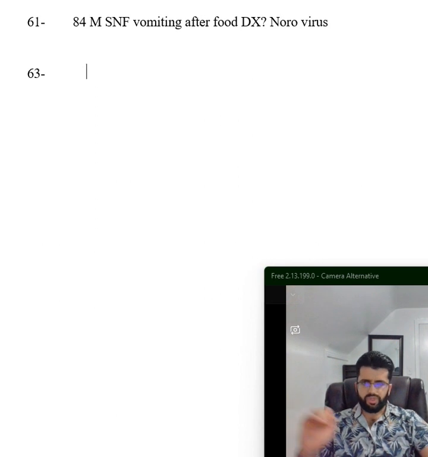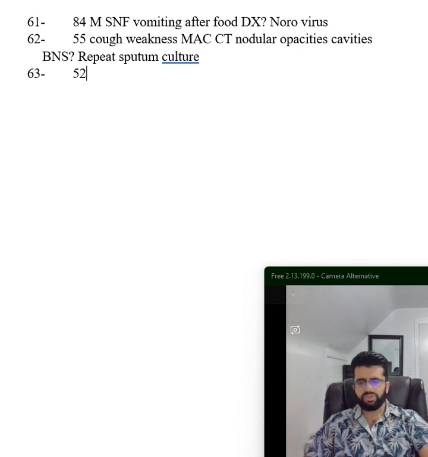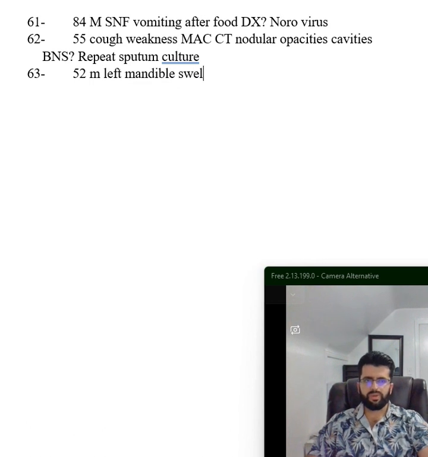Okay, now when they say you have a patient, this 52-year-old man came in with left mandible swelling. There's only one bacteria that causes mandibular swelling and inflammation. Which one is that?